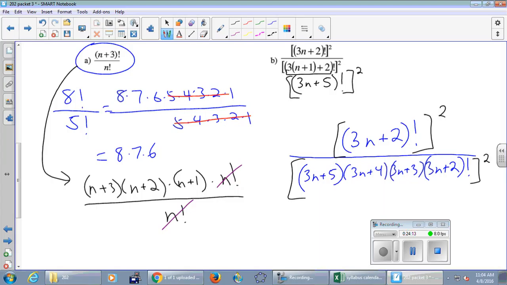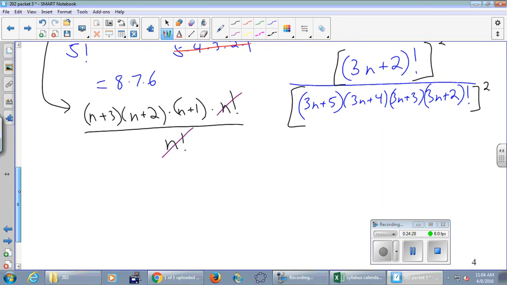Okay, so what cancels? n plus 2 factorial squared, all of it, right? And so what's left is just the other 3 guys on the bottom, but they are still inside of the square, so they are still squared in our final answer.